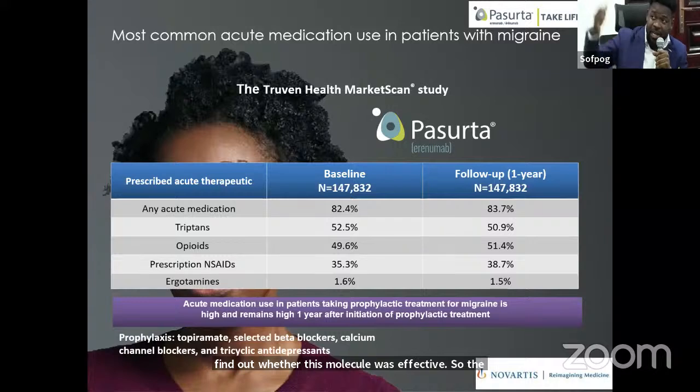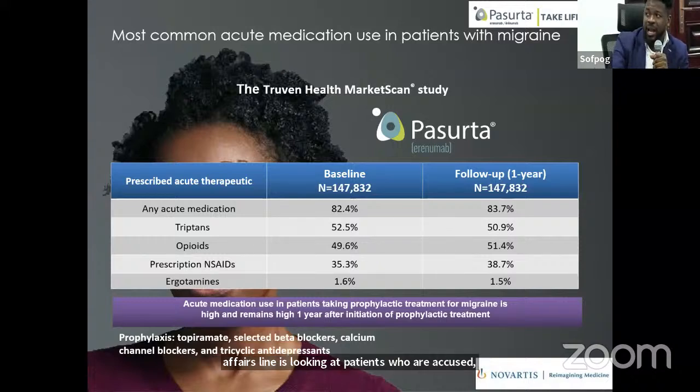So the first line is looking at patients who were on any acute drug. At baseline, they had 83%, or when they calculated it, their response rate was about 83%. After year 1, it had not improved. It's the same. If you look at those on triptans, those on opioids, those on NSAIDs, in fact, some of them worsened as the days went by.